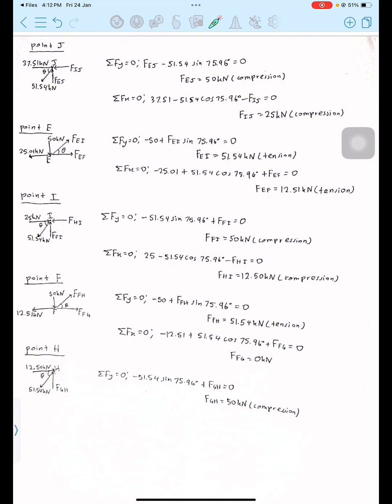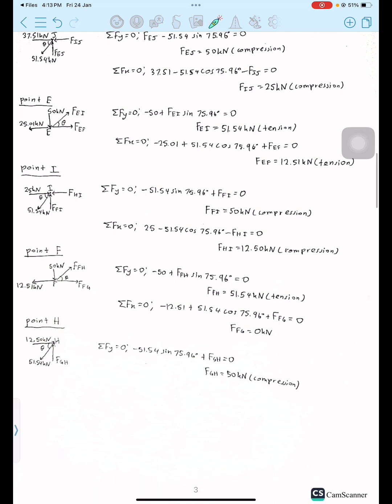Then at the point E, we have FEI and FEF pointing upward from the E point, and we have 50 kilonewtons and 25.01 kilonewtons. 50 kilonewton is pointing towards the E point, and 25.01 kilonewton is pointing upward from the E point. So to find this, we'll use as before, summation Fy equals 0, negative 50 plus FEI sin 75.96 equals 0.